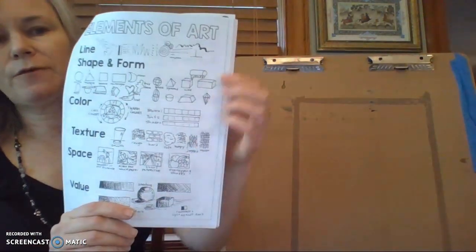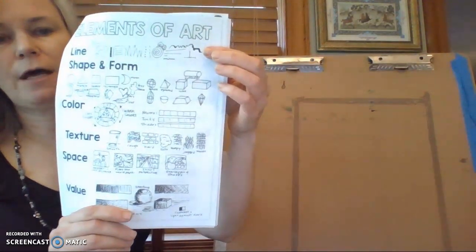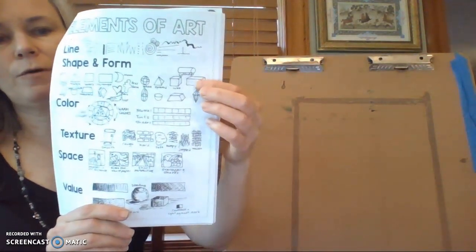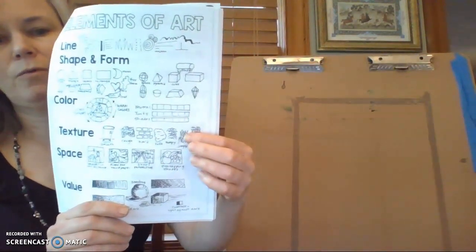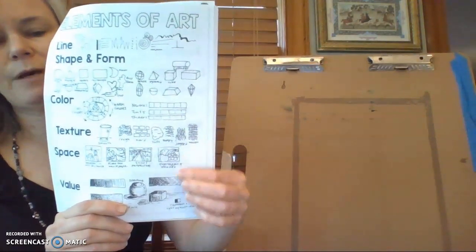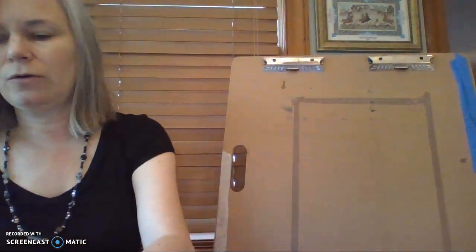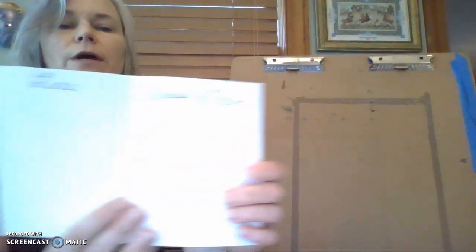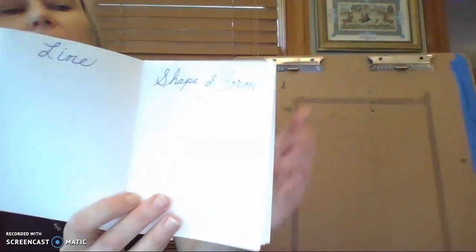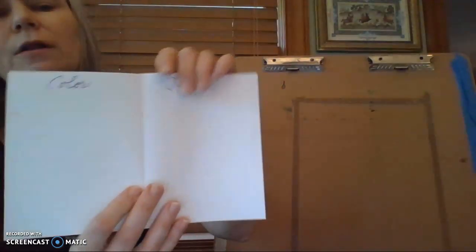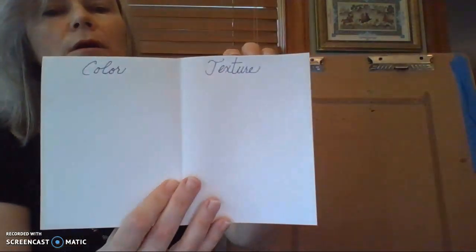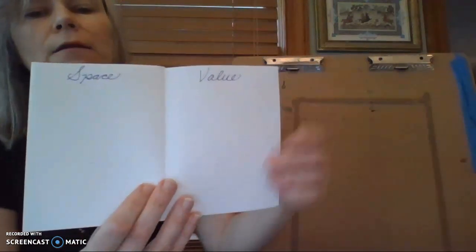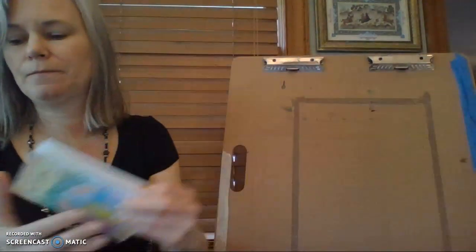So for elements of art, you're going to have a page of line, one with shape and form, one with color, one with texture, one with space, and one with value. And it'll look something like this. I'm just writing the words. And then we'll talk a little bit more about what those words mean in future lessons.